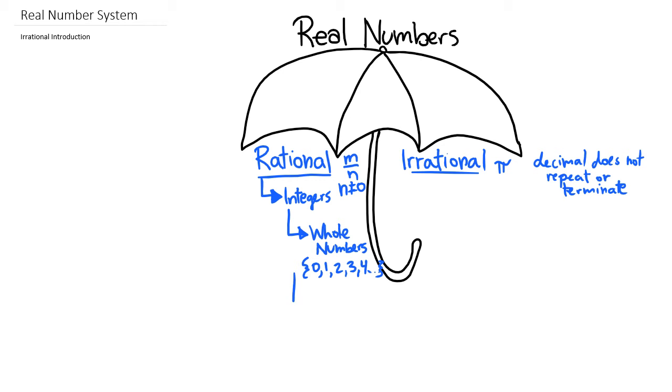Then specifically within that, there are natural numbers or counting numbers, which are a lot like whole numbers, except that they don't include the number 0. It's only numbers that you would count with. You wouldn't say, I have 0, 1, 2, 3, 4.